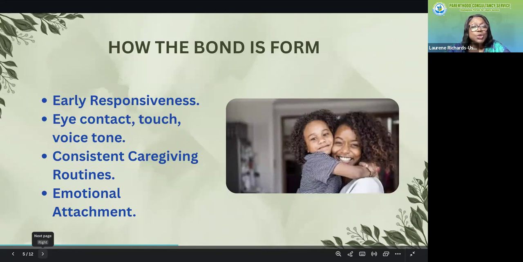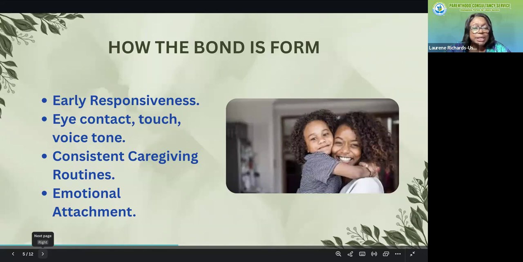Your voice tone plays a very important role in forming that bond. Speak softly in the ears of your little ones at birth, and as they're growing, do not scream at your little ones. Speak with a loving tone of voice.